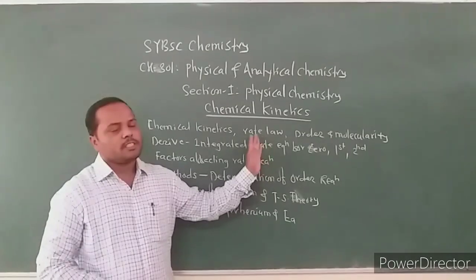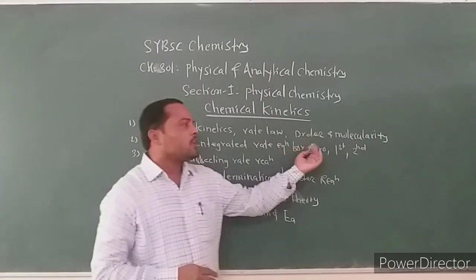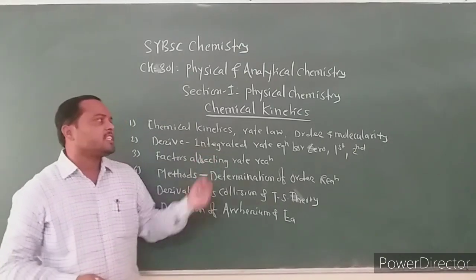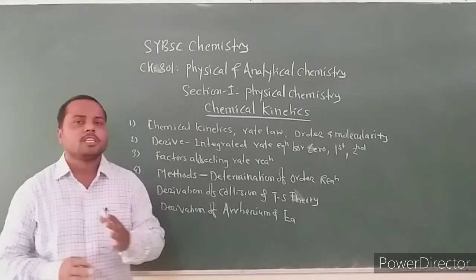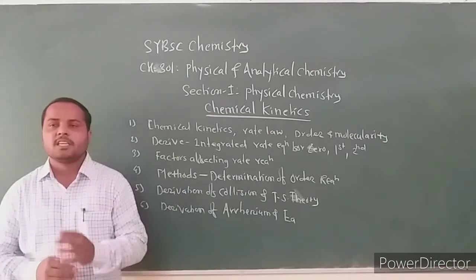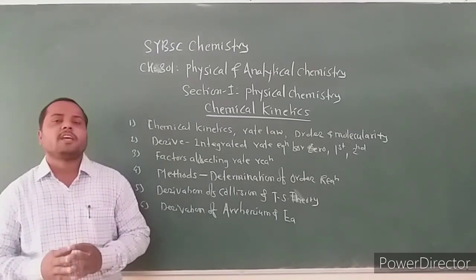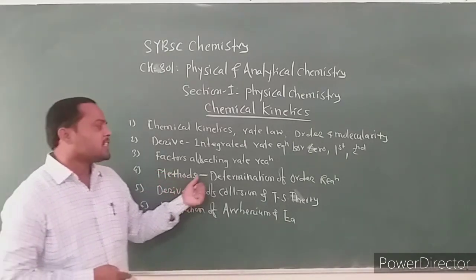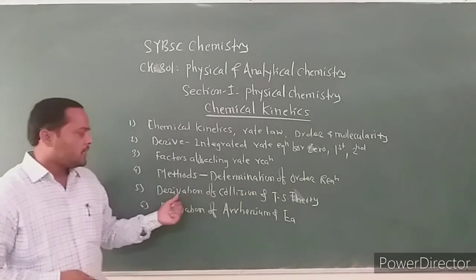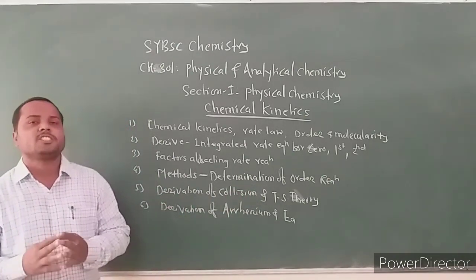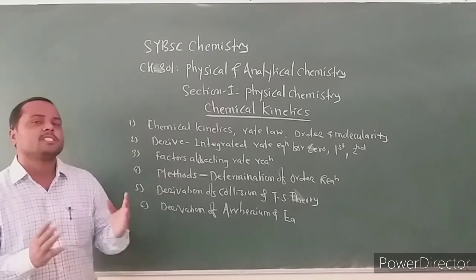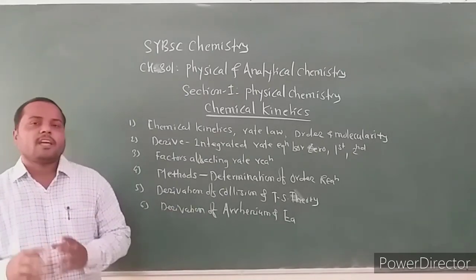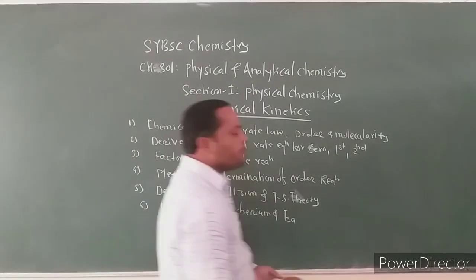Then the rate of reaction and expression of rate law, order and molecularity of reaction, then derivation of integrated rate equation for zero order, first order and second order with two different cases, equal initial concentration and unequal initial concentration, then factors affecting the rate of reaction, the methods for determination of order of reaction, the derivation of collision theory and transition state theory for bimolecular reaction and comparison between them, and derivation of the Arrhenius equation and activation energy by the graphical method.